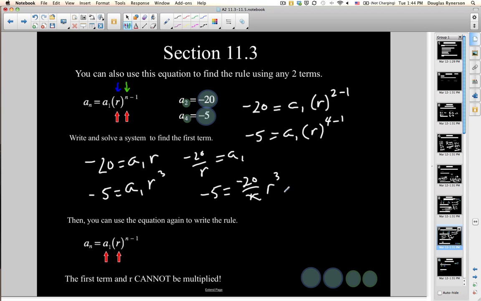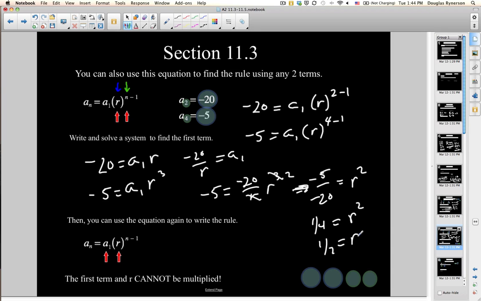Negative 5 is equal to negative 20 over r times r cubed. Here I'll get that one to cancel with that one, so I get r squared. If I divide both sides by negative 20, I'll get negative 5 divided by negative 20 is equal to r squared. That means that r squared is equal to 1/4, so r will be equal to 1/2.